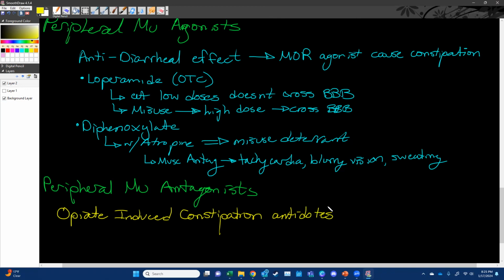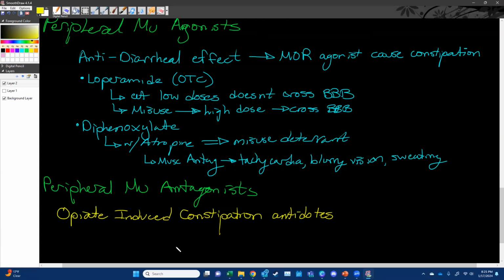So the way that you should be thinking about these is just like how Narcan, naloxone, is the central mu agonist antidote. These drugs are the peripheral mu agonist antidotes.